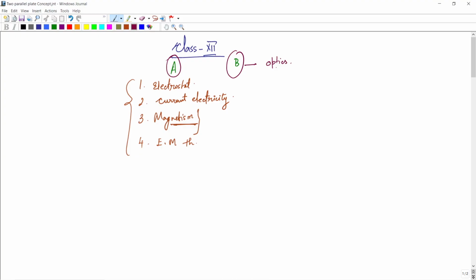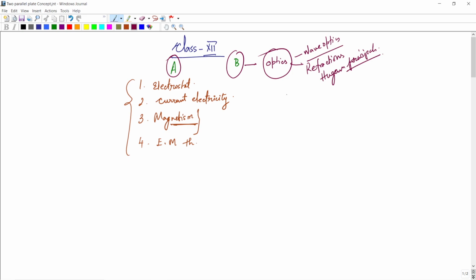You all know the lens formula, and then there is wave optics: Huygens principle, diffraction, interference. These are in the optics part.